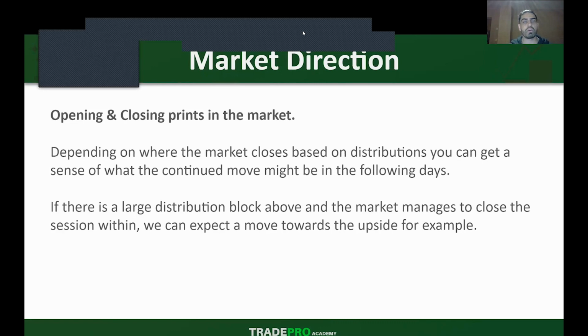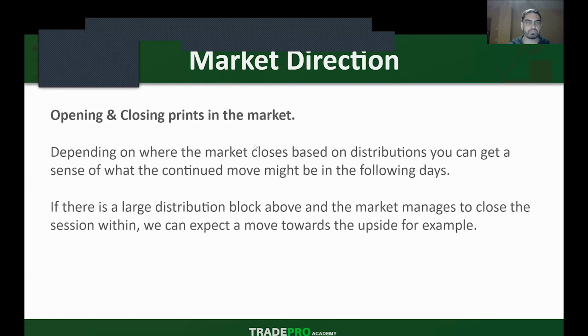So depending on where the market closes based on the distribution, you can get a sense of what the continued move might be in the following days, right? Because that closing print leads into an opening print for the next session. So if there's a large distribution block above and the market manages to close the session within, we can expect a move towards the upside, right?